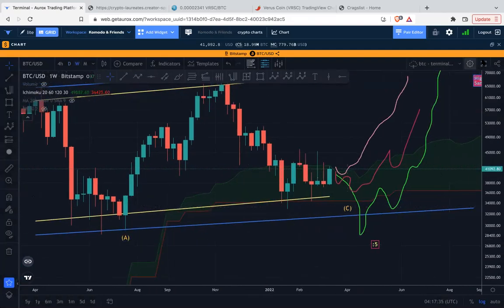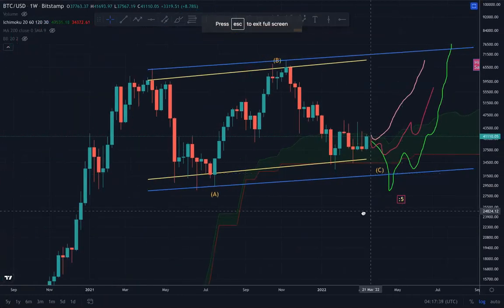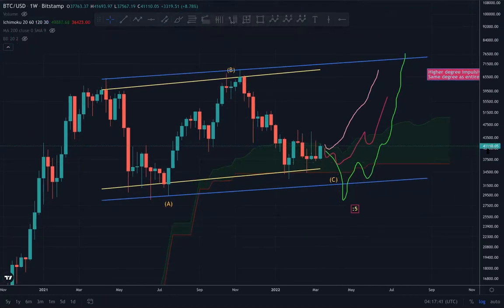Let's see. What are we going to do on the Bitcoin price chart? Currently price is 41.1, and looking here at the candles, it can end. We're only on Thursday, so it could be the turnaround day. It often feels like it. Not that I'm calling for any bearishness or anything like that. Just watching.